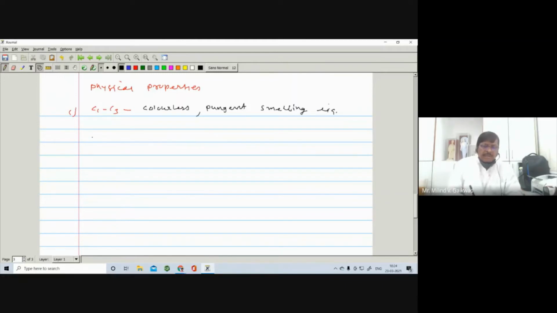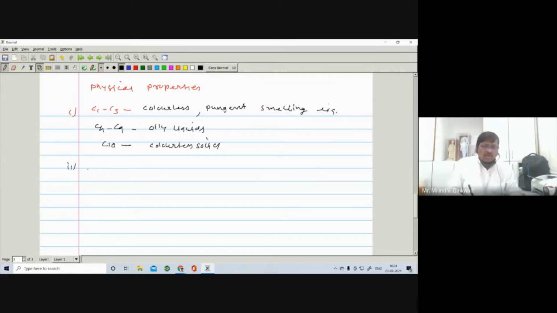The next, C4 to C9, are oily liquids. And higher members, generally from C10 onwards, are colorless solids. Right? So this is about the physical property, that is state.